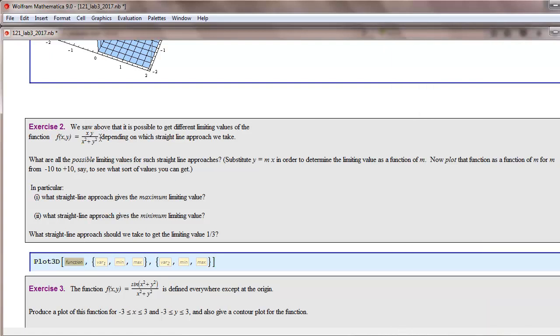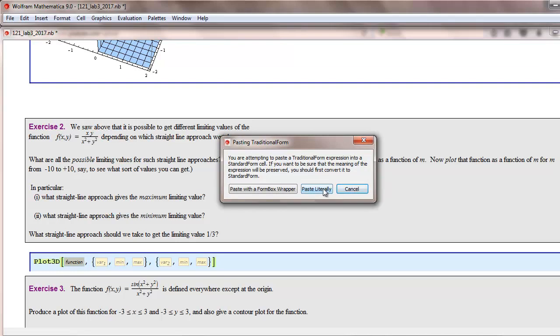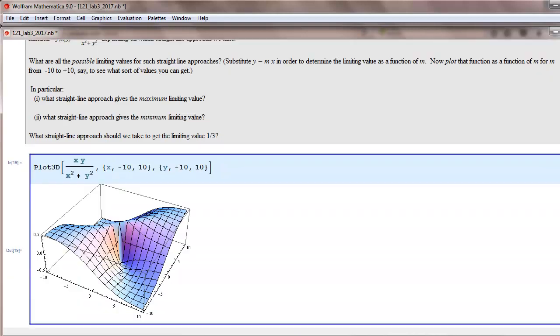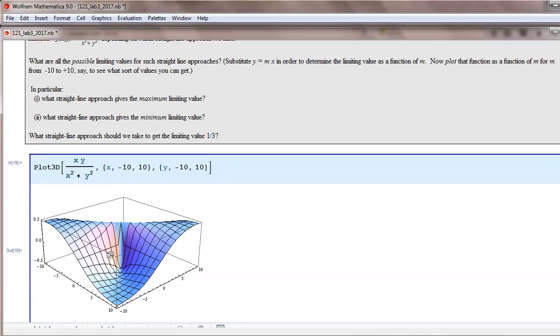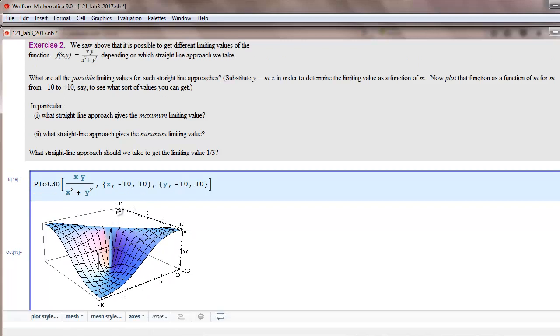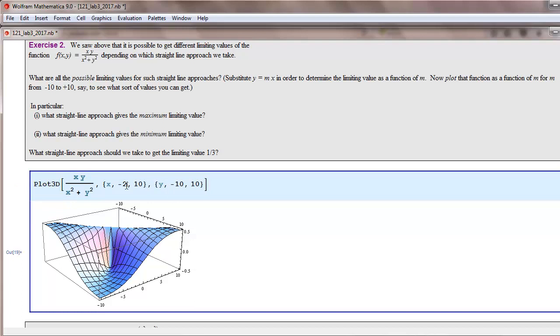Okay, so let's do that here. I'm going to do x from -10 to 10 and y from -10 to 10. I can't really tell what's happening at the origin, so let's make this a little more sensitive to what's happening at the origin.